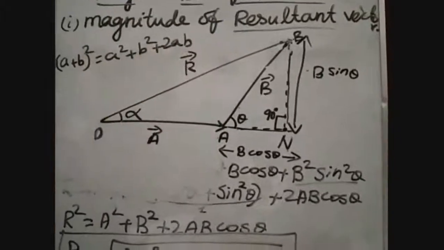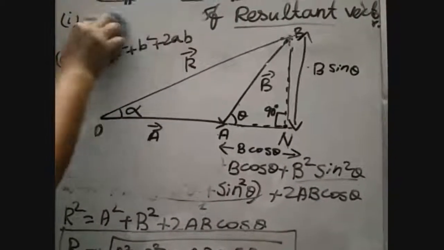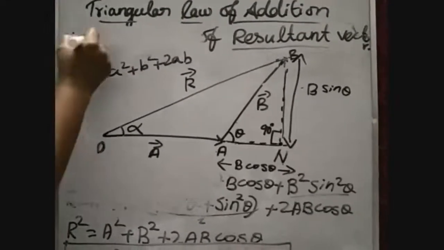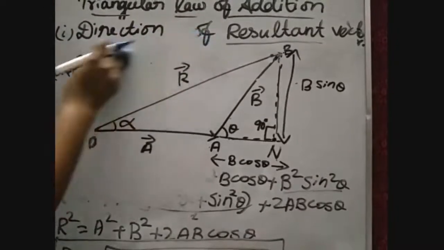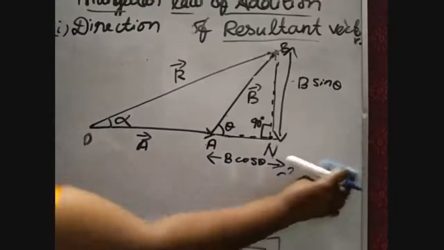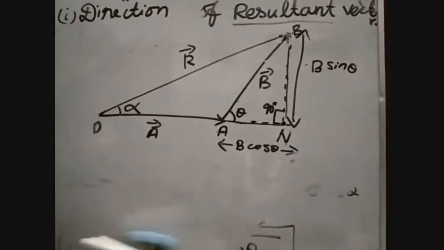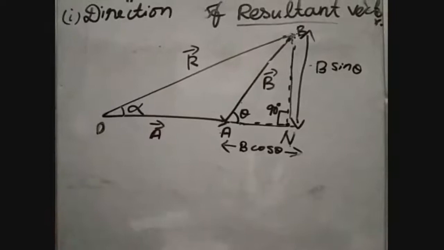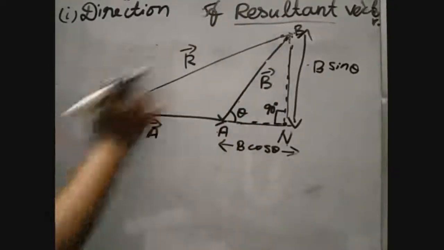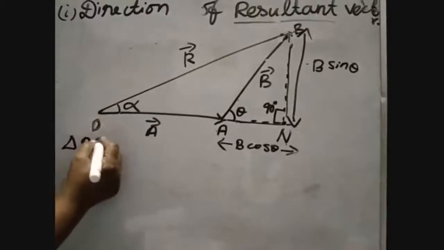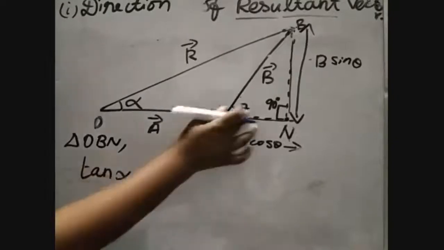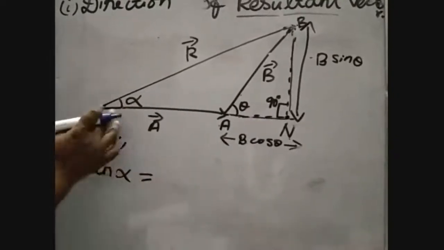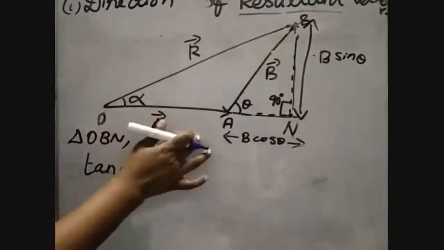In the first part we found the magnitude of resultant vector. The second part we are going to find out is the direction of resultant vector. For that, take the long triangle OBN. Here, take tan alpha, not theta, alpha. Tan alpha equals, the formula is opposite side by adjacent side.